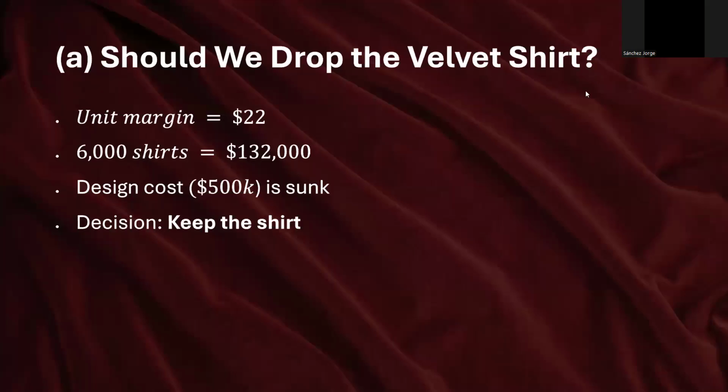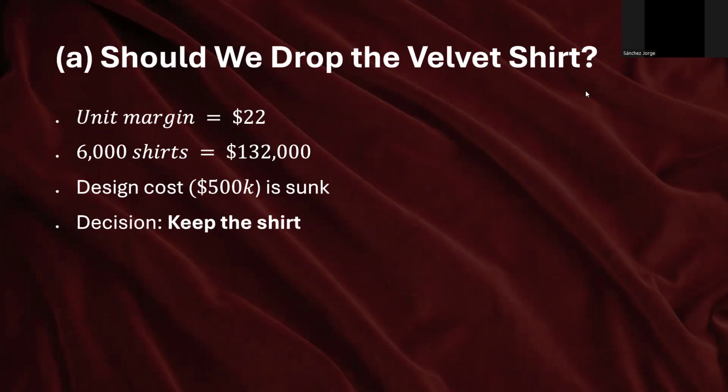So now we have the question of whether we should drop the velvet shirt, since it only contributes $132,000 in our profit, while its design cost was $500,000. So if we are talking about maximizing our profit, this design cost has already been spent and it shouldn't affect our current decisions.